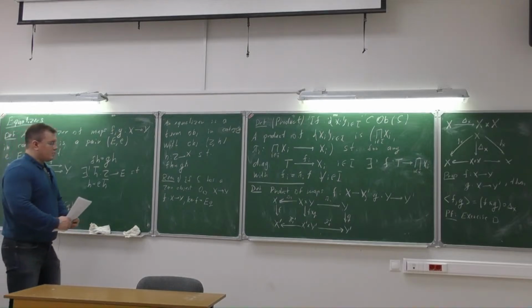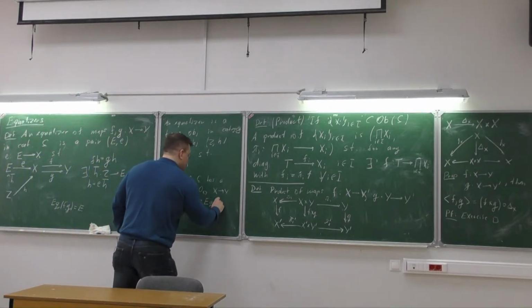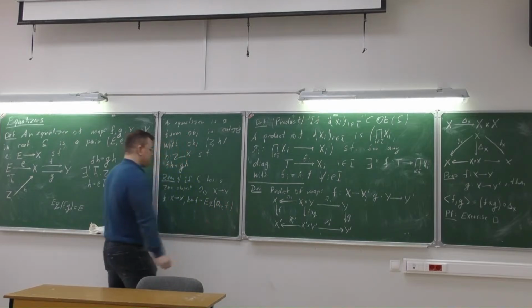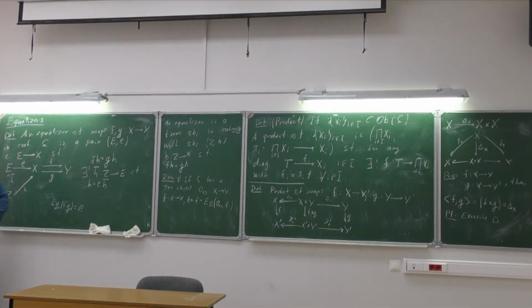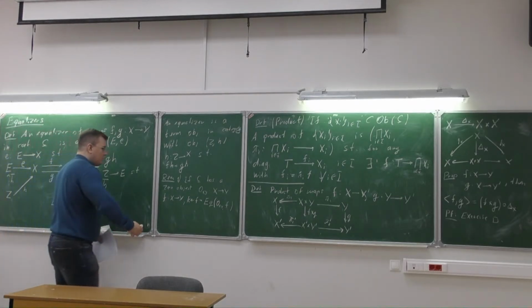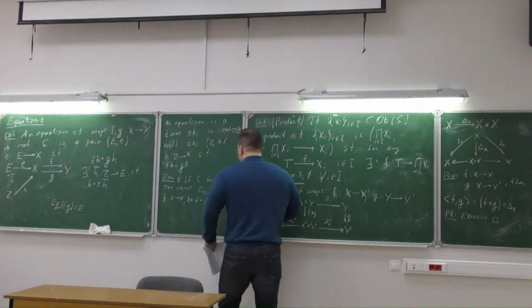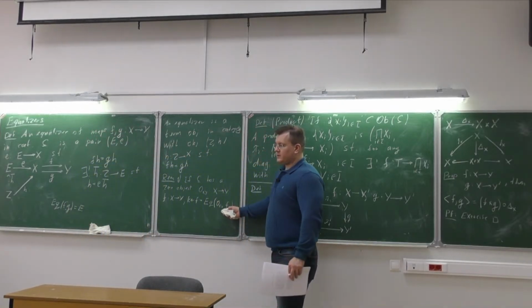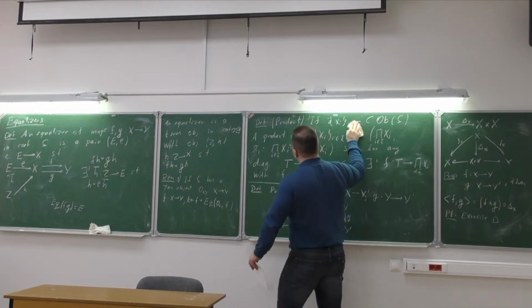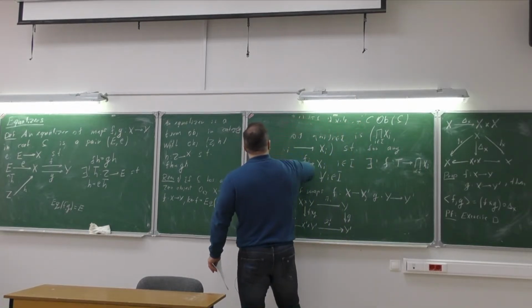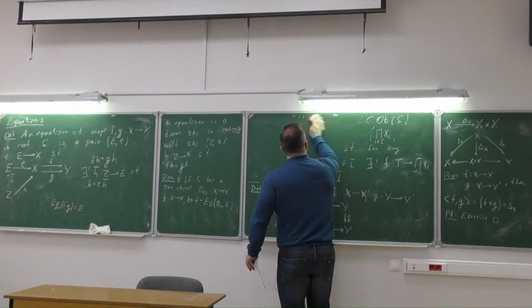So in this case, the kernel is the equalizer of the zero map between these objects and the given map F. So that's a categorical definition of a kernel. And you can notice that if you, for example, take a category that you already know, like vector spaces or modules over some ring, this will be precisely the standard definition of the kernel of a map. It is equivalent to the one that you know from algebra.